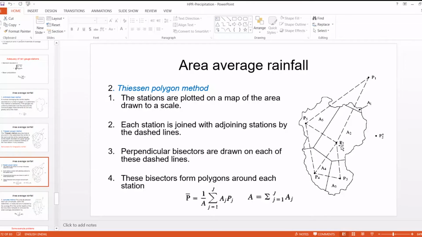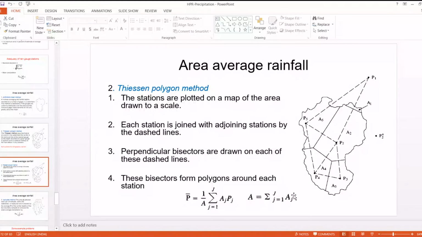Here all the rain gauge stations are on one side, surrounded by a boundary. But if you take some other catchment area, then there are some polygons which are enclosed within the catchment area.